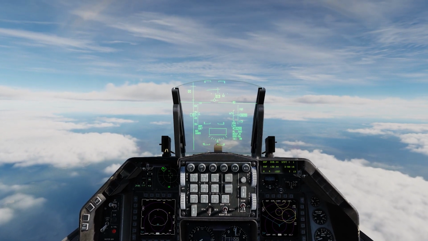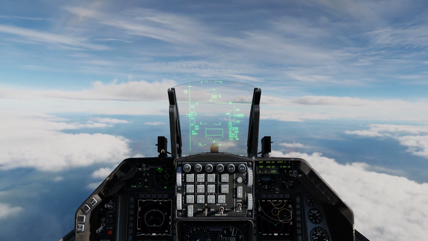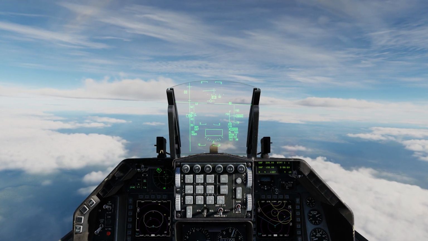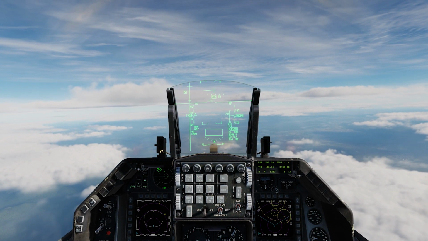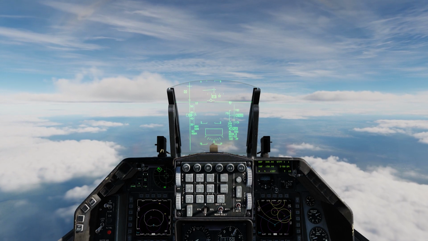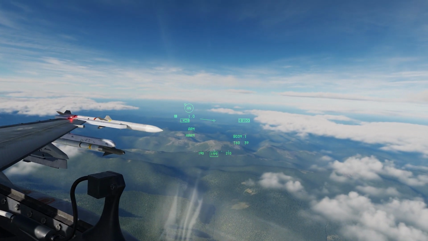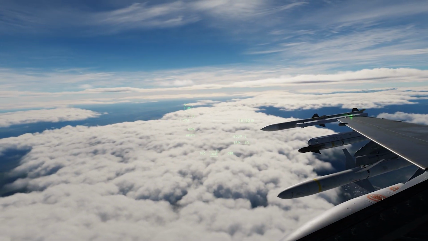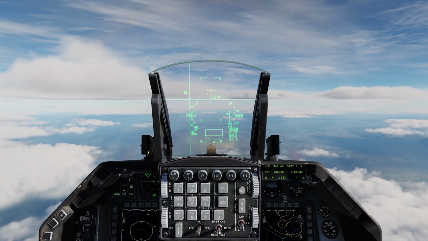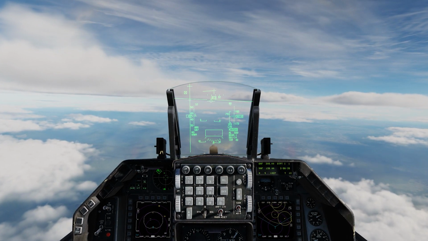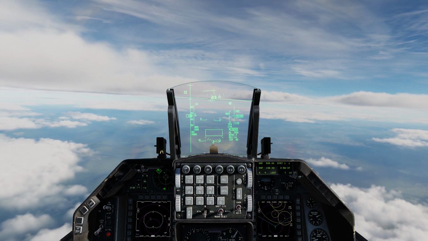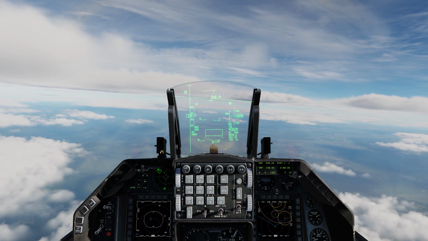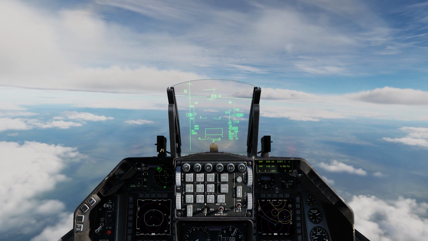So in this case, we are going to go after an SA-3, and we're going to hopefully be able to destroy it with our anti-radiation missile. Now, we've already fired off on an SA-11, and we have one missile left. So, what we are going to try to do is get the emitter to emit.